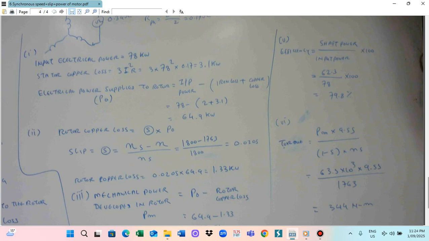The PM we calculated already is 63.5 times 10 to the power 3. We convert it to watts, since 1 kilowatt is 10 to the power 3 watts. So we multiply by 10 to the power 3, and by 9.55, and (1 minus S) times NS is 1763 RPM. That one will be 344 Newton meter. So this is the answer for this problem.